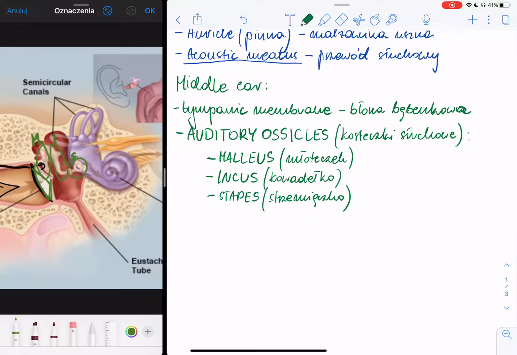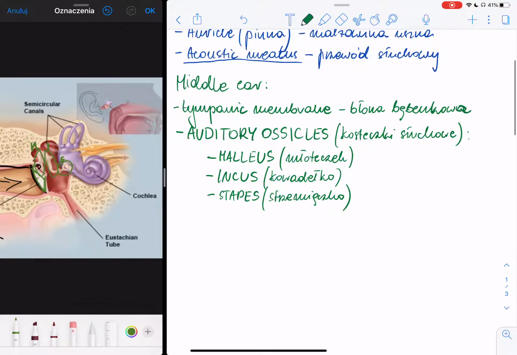And another part of this is auditory tube, czyli przewód słuchowy.